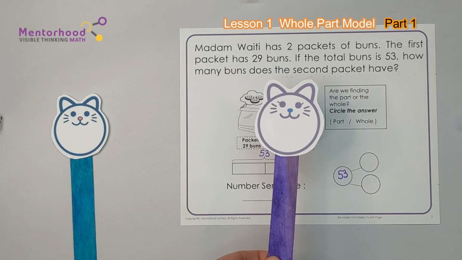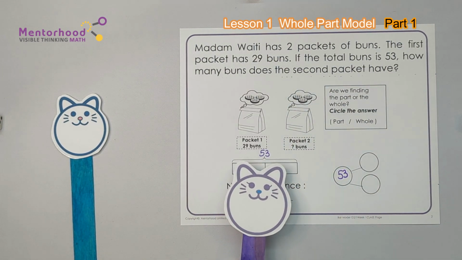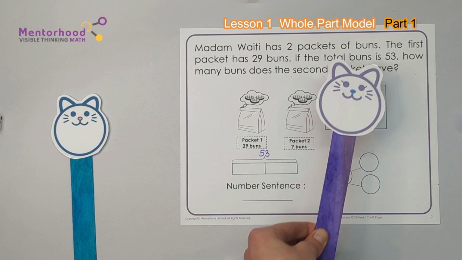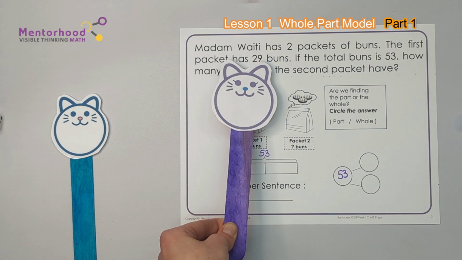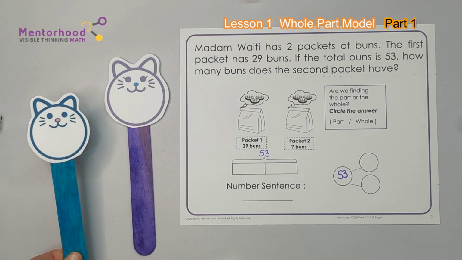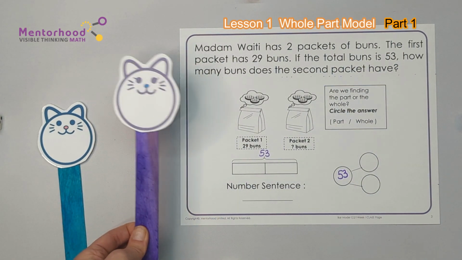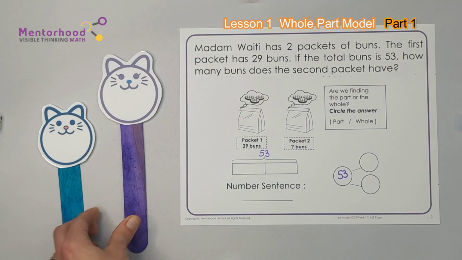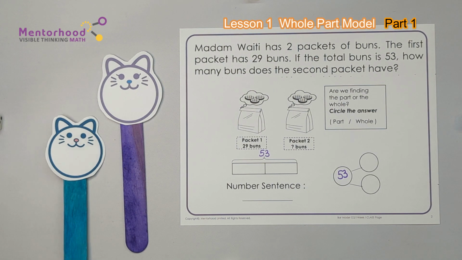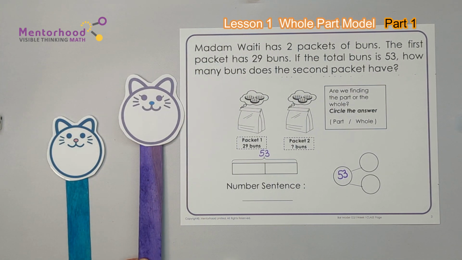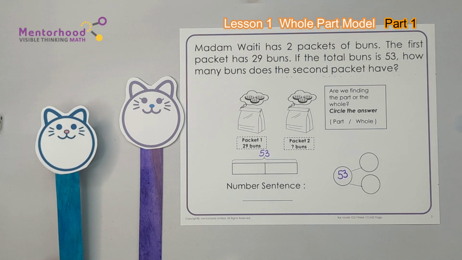Now, if we know some of the parts, we can put them in the boxes and in the number bond. The first packet has 29 buns. How many packets are there? Well, there's 2. How many blank circles are in my number bond and blank parts are in my bar model? 2. That means each one represents a packet. Oh, that makes sense.